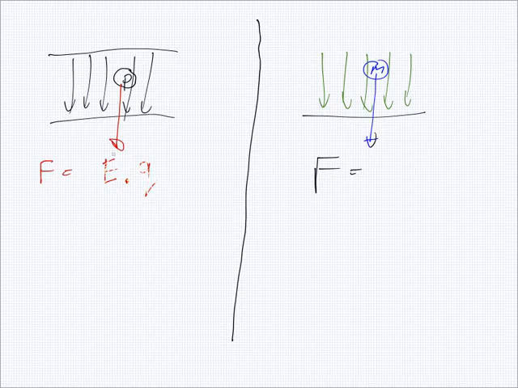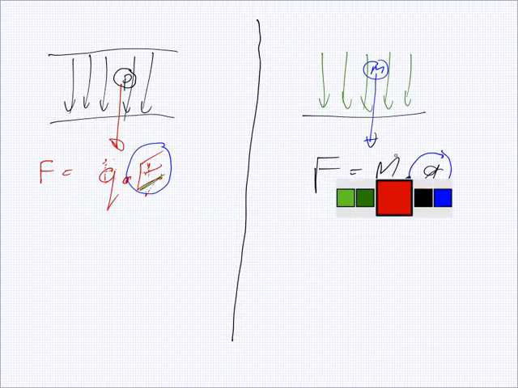I wrote EQ, I should write Q multiplied by E, and here the force is M multiplied by G. So if you notice that this is the field strength, and what's this one here? The gravity field strength. And what's this?